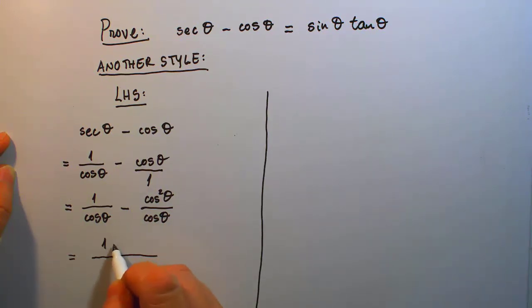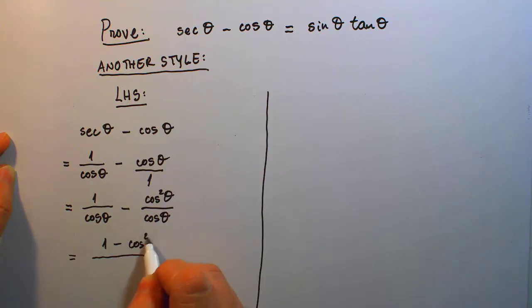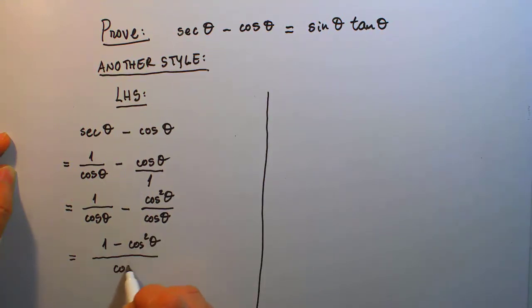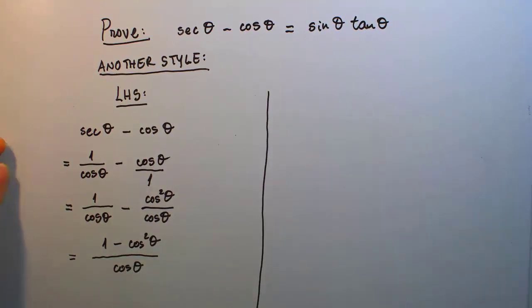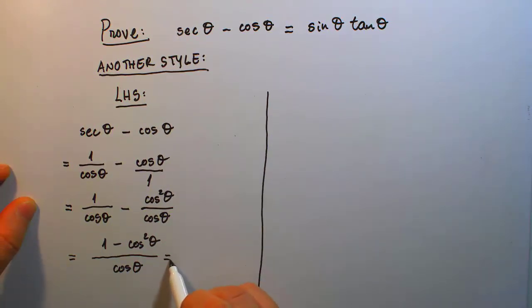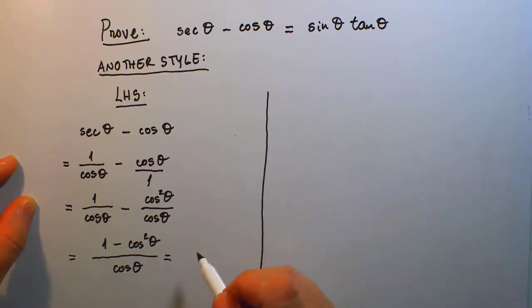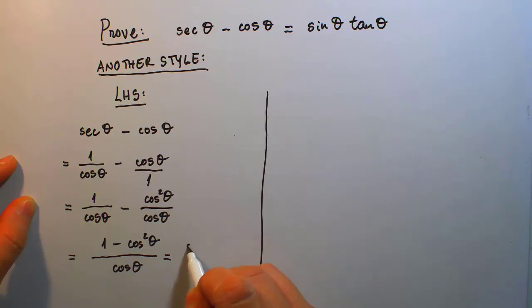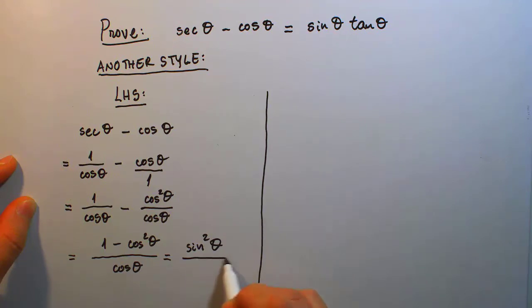So now I'm looking at 1 minus cosine square theta over cosine theta. We also learned that 1 minus cosine square theta is sine square theta, so we have sine square theta over cosine theta.